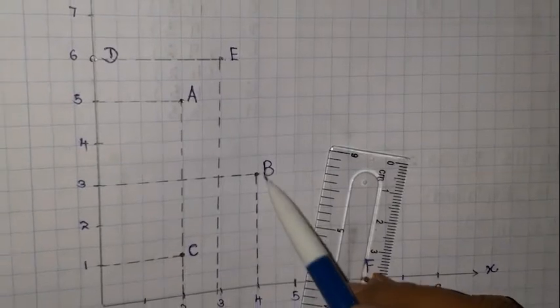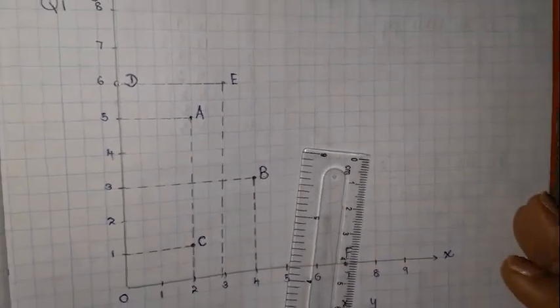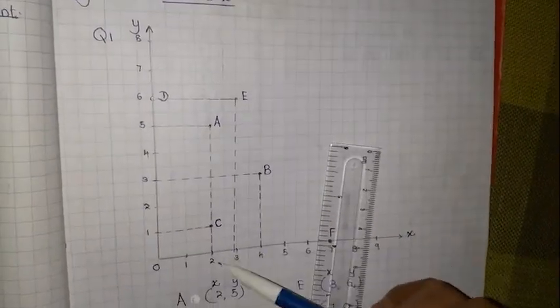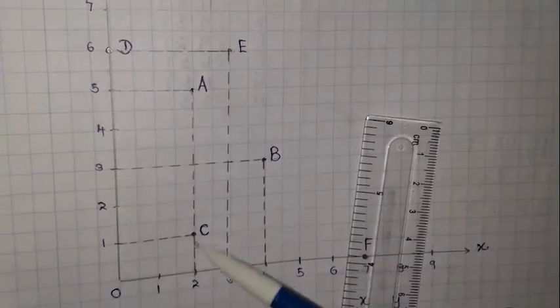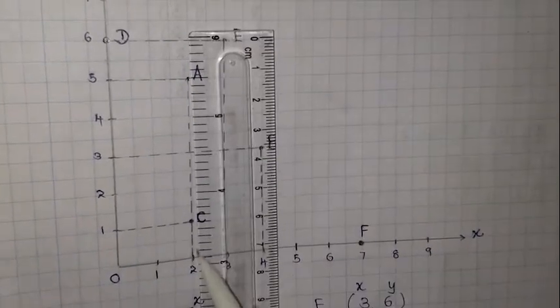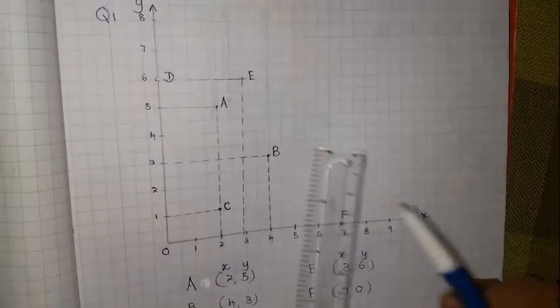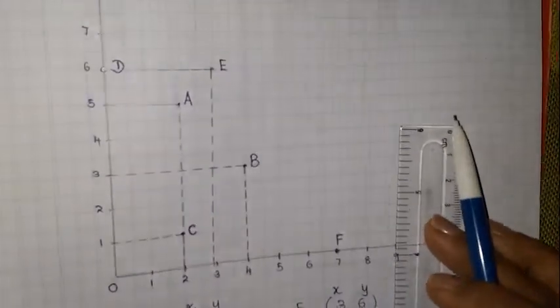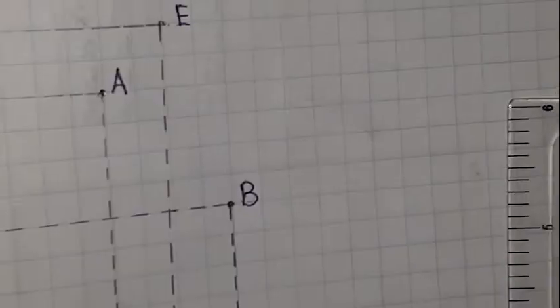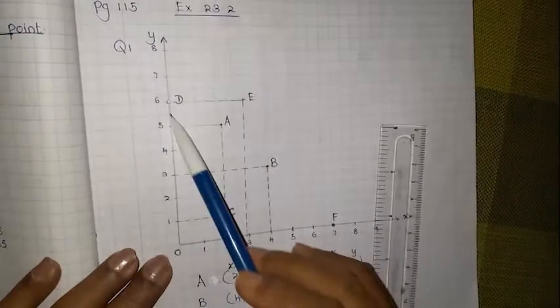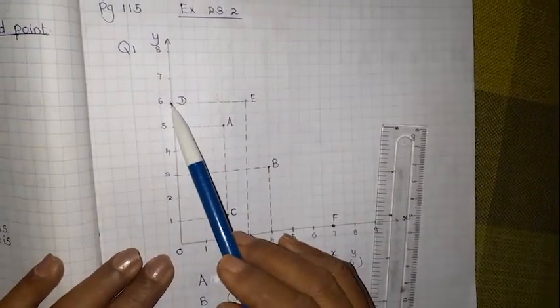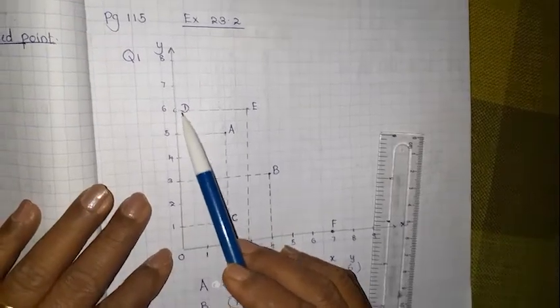Here B. C, 2, 1. Here x-axis 2, y-axis 1. C. D, 0, 6. You can see 0 and 6. Here will be D.